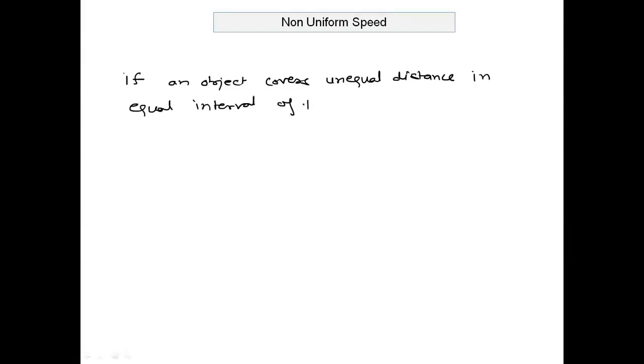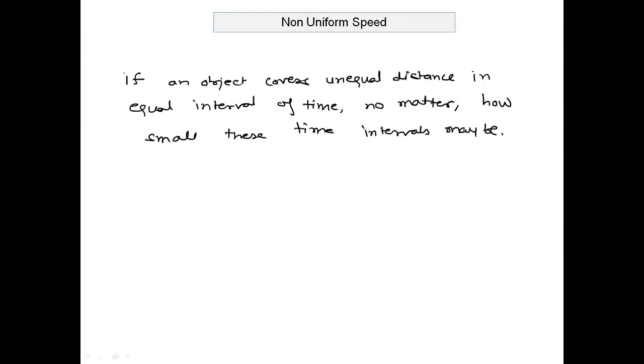If an object covers unequal distance in equal interval of time, same thing here also, no matter how small these time intervals may be, then we can say it is non-uniform speed.